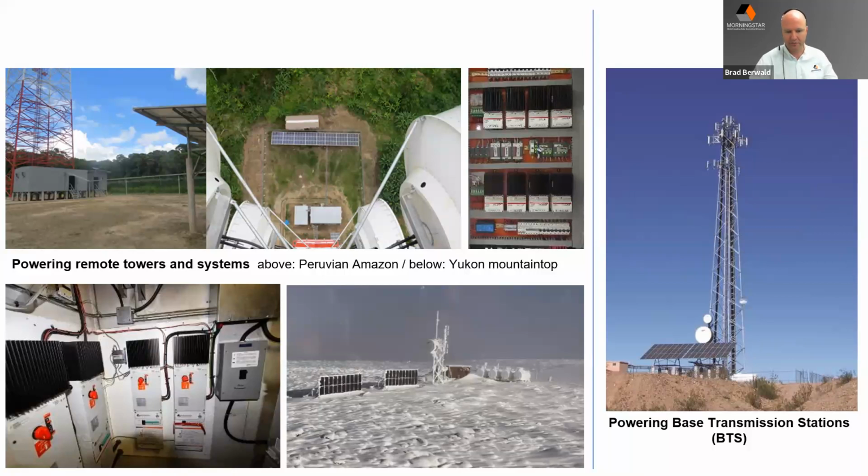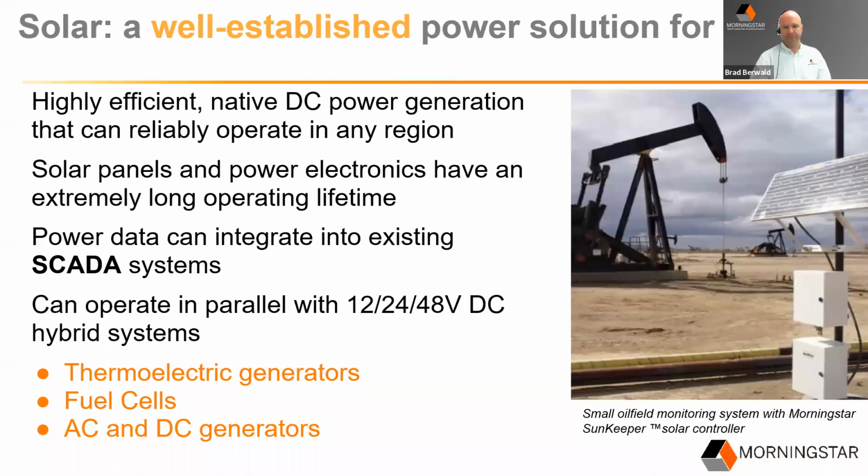And Morningstar has been a participant in the Telecom Infra Project, which is really paving the way for better and stronger open access for 4G and 5G systems, not just for the wireless, but for the power systems as well. And we see a lot of hybrid systems being done, such as the one on the bottom right there. So it's an exciting time for sure.